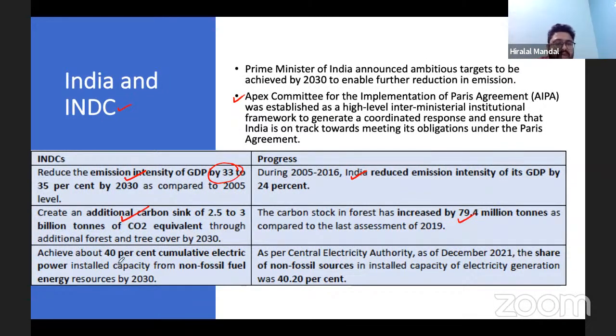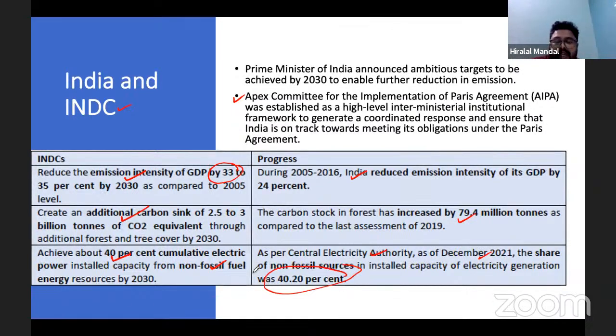It also aims to achieve about 40% of cumulative electric power installed capacity from non-fossil fuel energy resources by 2030. As per the Central Electricity Authority, as of December 2021, the share of non-fossil sources in installed capacity of electricity generation has already surpassed the target of 40%.